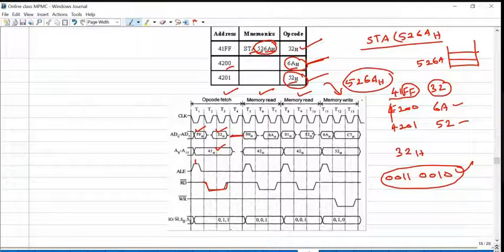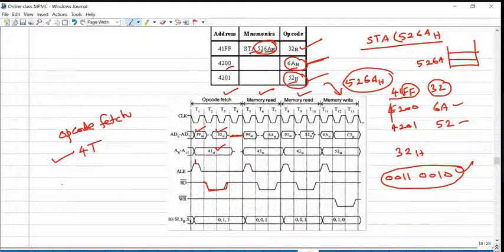In the next class, I will explain clearly the memory read operation and memory write operation. So the conclusion of today's class: how to draw the timing diagram for opcode fetch. Opcode fetch requires a total of 4 T states. And what do you mean by instruction cycle?